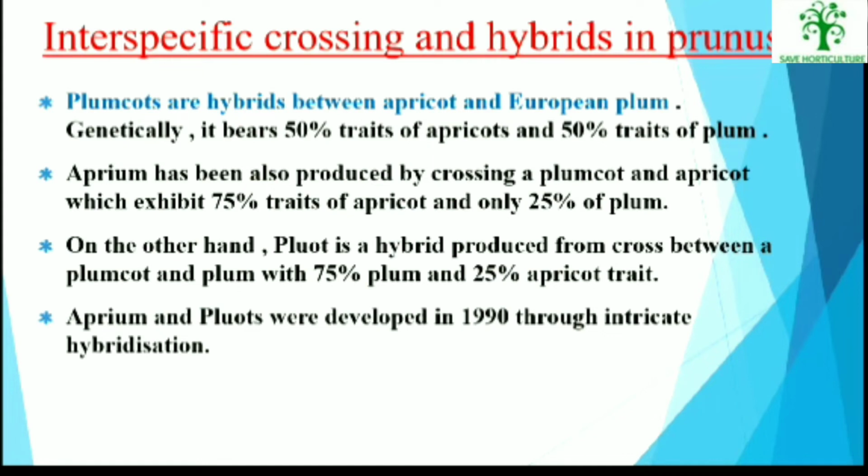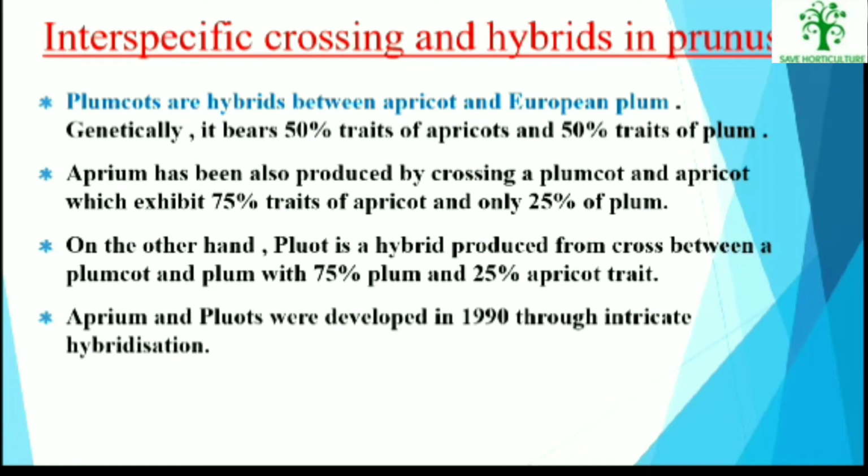Interspecific crossing and hybrids in Prunus: plumcots are hybrids between apricot and European plum. Genetically, it bears 50% traits of apricot and 50% traits of plum. Aprium has also been produced by crossing a plumcot and apricot, which exhibits 75% traits of apricot and only 25% trait of plum.